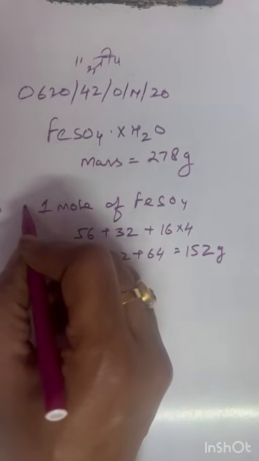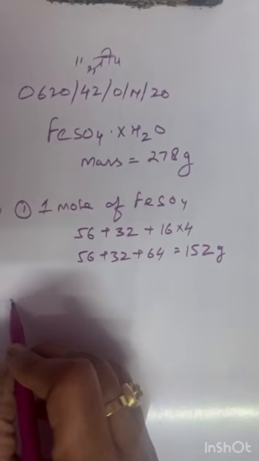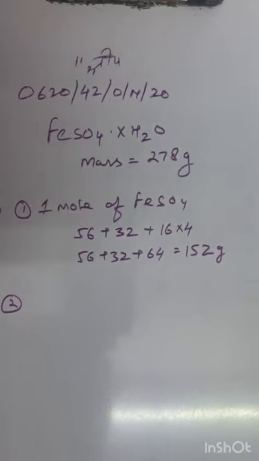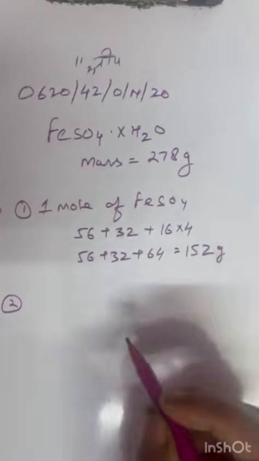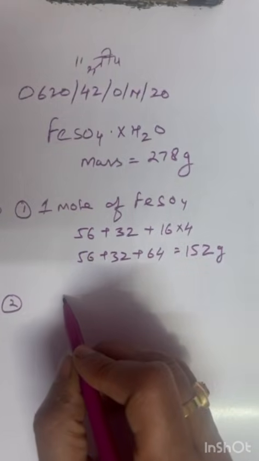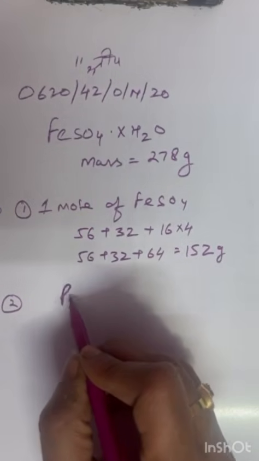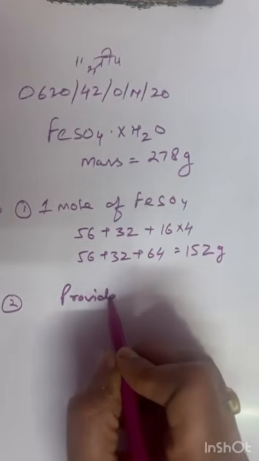So this was your first part. Second part, calculate the mass of H2O present in 1 mole of FeSO4 dot X times H2O. So the mass provided is 278.